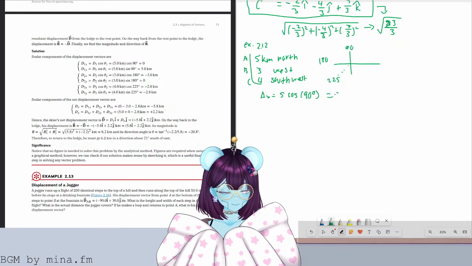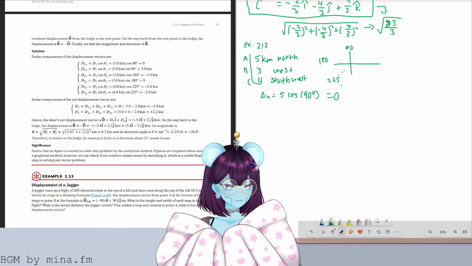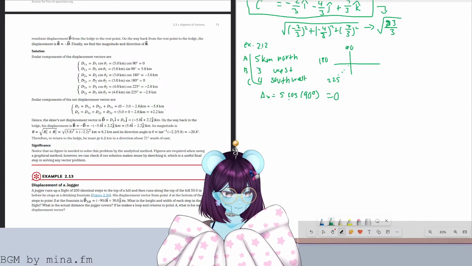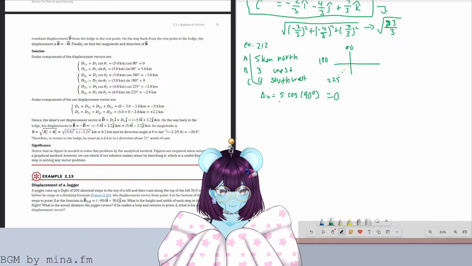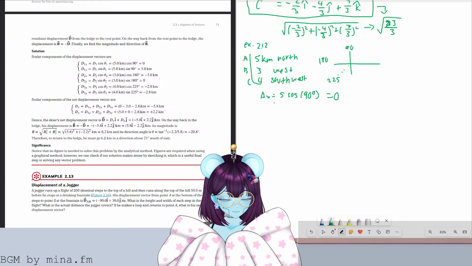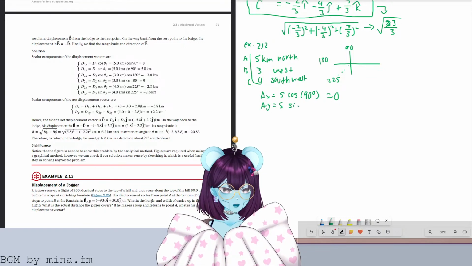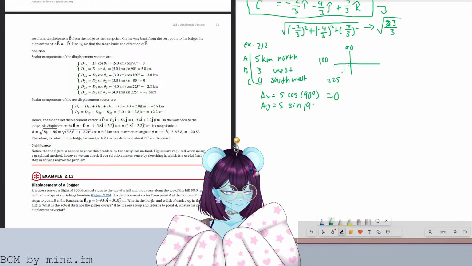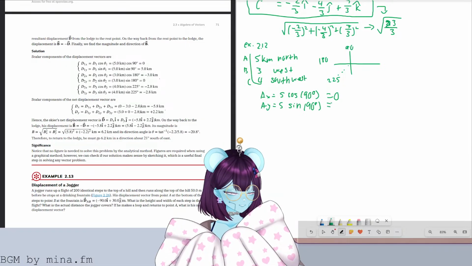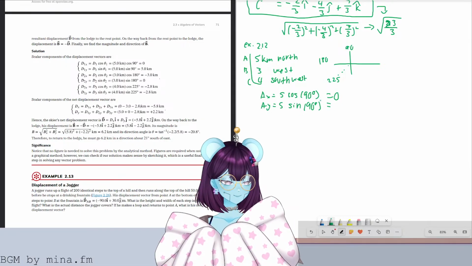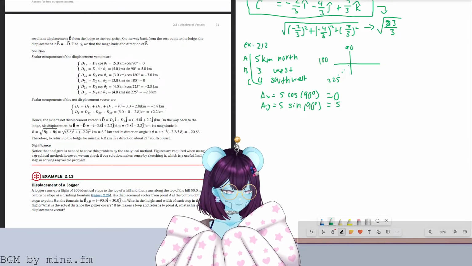And then we get our answer. That one I do know is 0, because cosine of 90 is 0. And the sine would be 1. So we got y, 5. I'm remembering my unit circles of the degrees. So that would just be 5.